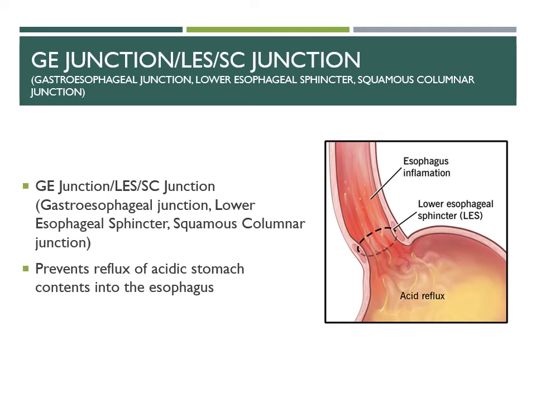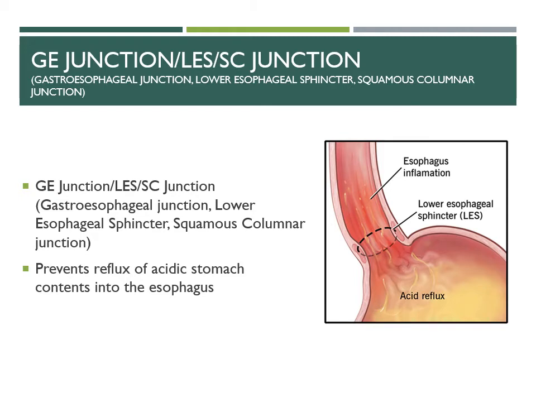Okay, on to the gastroesophageal junction, or the lower esophageal sphincter, or the squamocolumnar junction. These are all the same terms for the valve between the lower esophagus and the upper stomach.